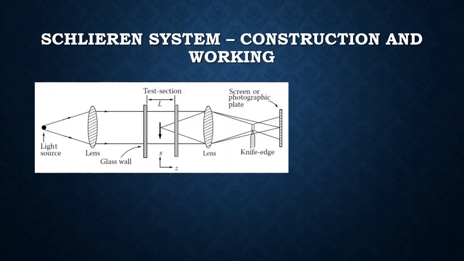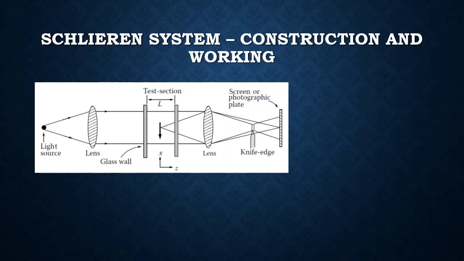So this is the Schlieren method of flow visualization, which we run at Sathyabama University, right? For the Schlieren system construction and working, we are not going to disturb the test section, but we will have this Schlieren arrangement outside the wind tunnel in this form.